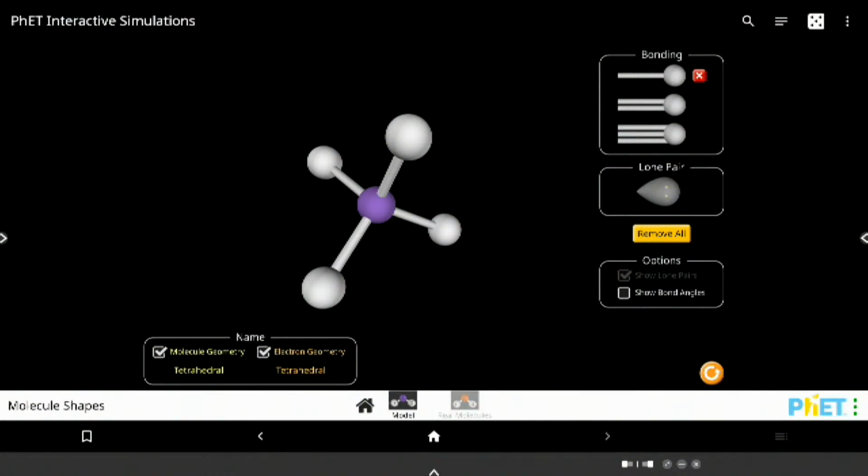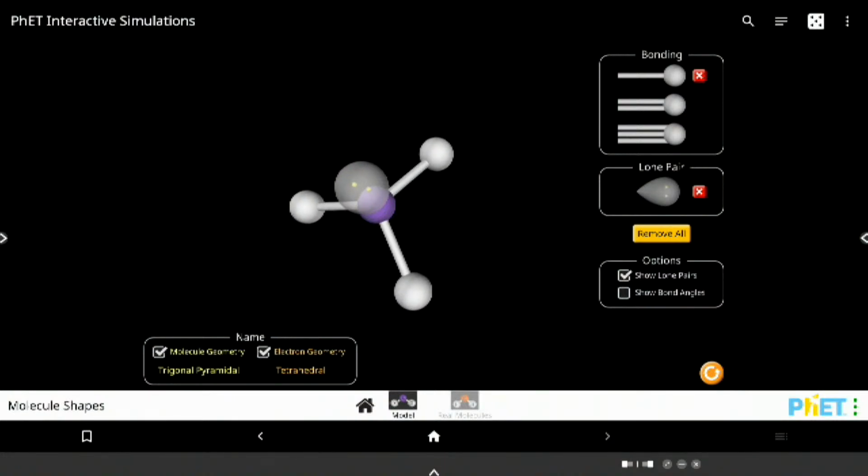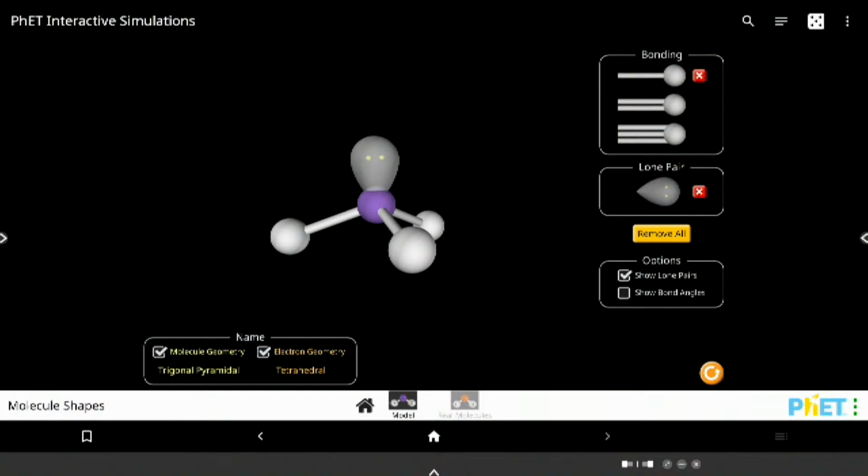The shape of the molecule, the molecular geometry, is going to differ from the electron geometry when there are lone pairs involved. So if I take one of those off, I now have still steric number 4. So my electron geometry, steric number 4, is still tetrahedral, but this molecule is a trigonal bipyramid. Oh, excuse me, a trigonal pyramid, only one of them.